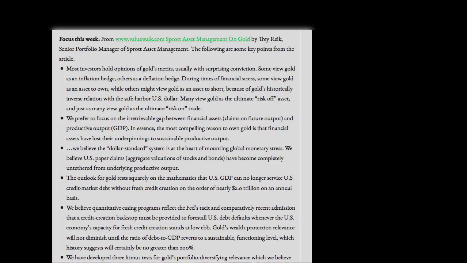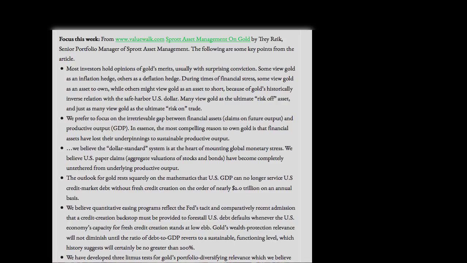Some view gold as an inflation hedge, others as a deflation hedge. During times of financial stress, some view gold as an asset to own, while others might view gold as an asset to short, because of gold's historically inverse relation with the safe harbor US dollar. Many view gold as the ultimate risk-off asset, and just as many view gold as the ultimate risk-on trade.